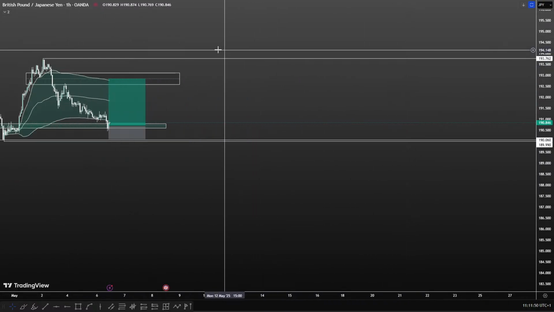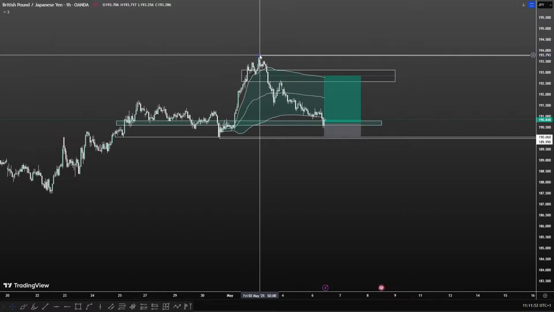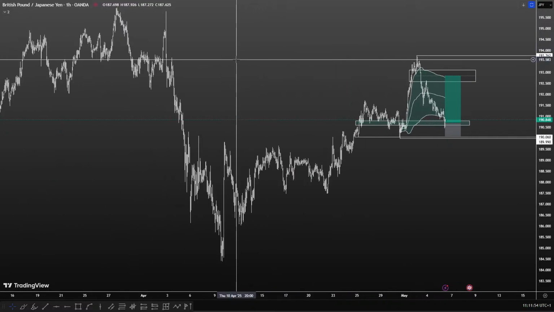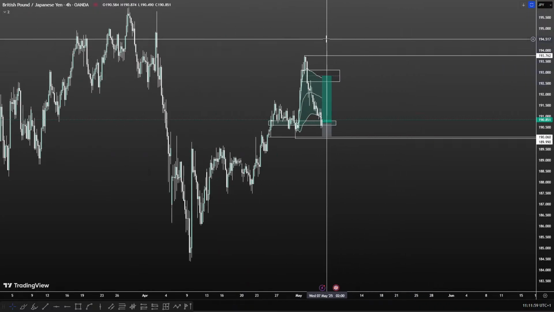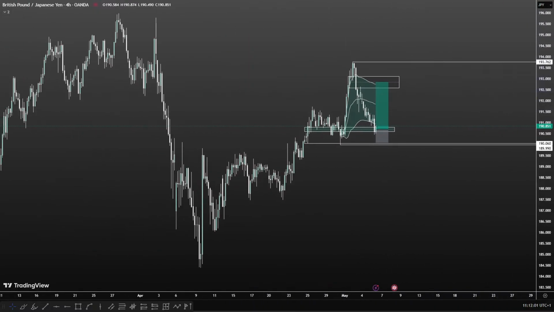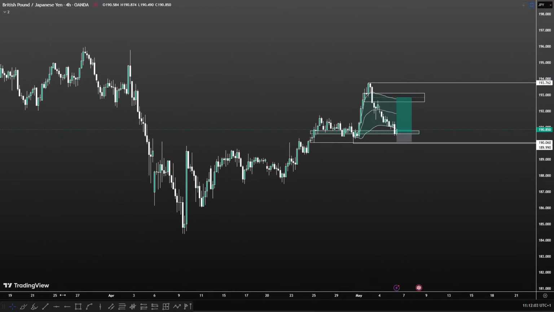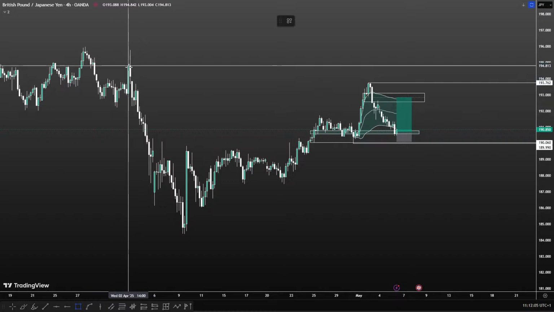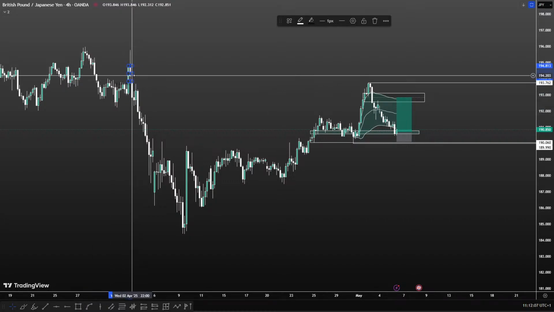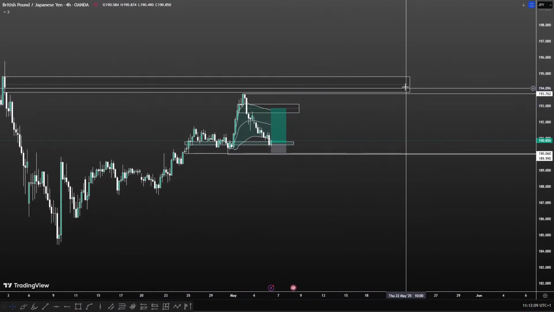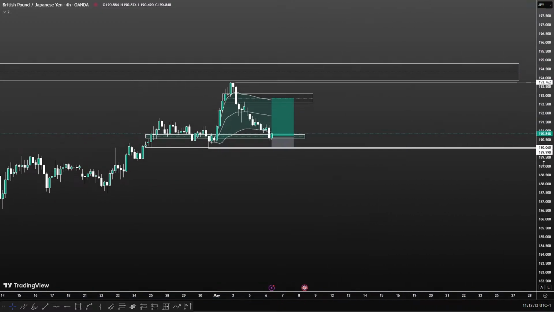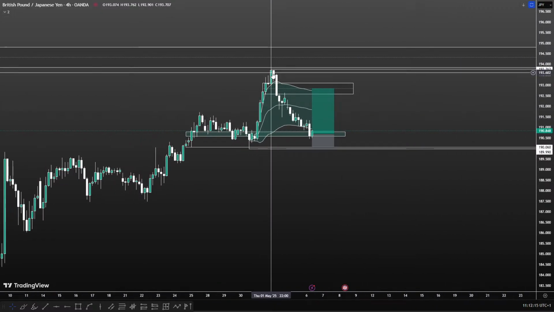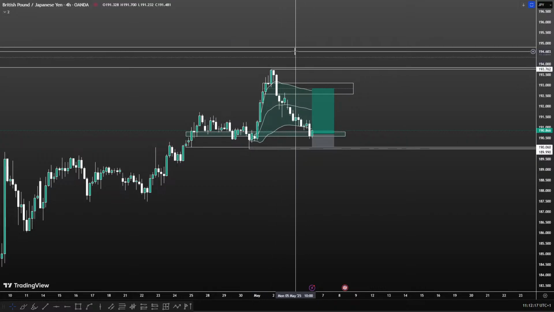That rests directly above the previous highs, the highs from last week. If I come up to the H4, the 4-hour, the region I'm speaking about is up here. On a daily perspective, it is an area of interest, and it rests directly above last week's highs, so we know there's an area of gravitation.